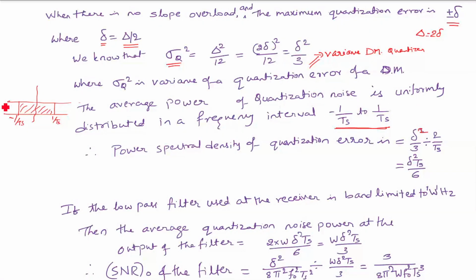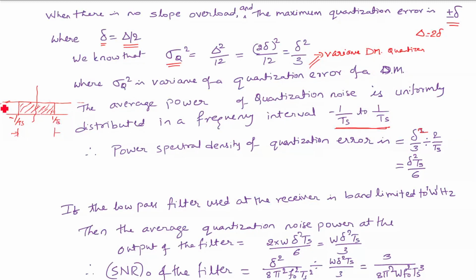The quantization noise power is defined for a band of -1/ts to +1/ts, and it is a noise power because the signal is sampled every ts second. So in the frequency interval -1/ts to +1/ts, the area under the noise power spectral density is nothing but the average quantization noise power, right?